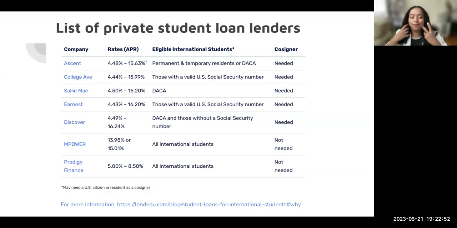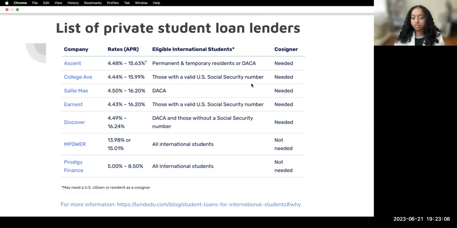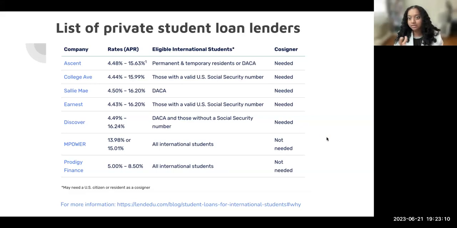So this is just a list of different lenders that are very popular among international students. Again, this has those that do need cosigners and some that do not. The thing with student loans without a cosigner, they're most likely to have higher interest rates because they don't have a guarantee that you will pay back.